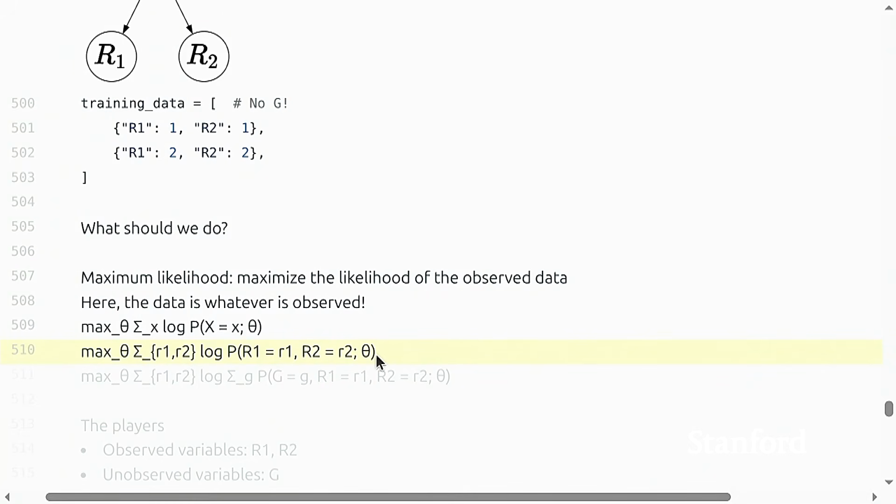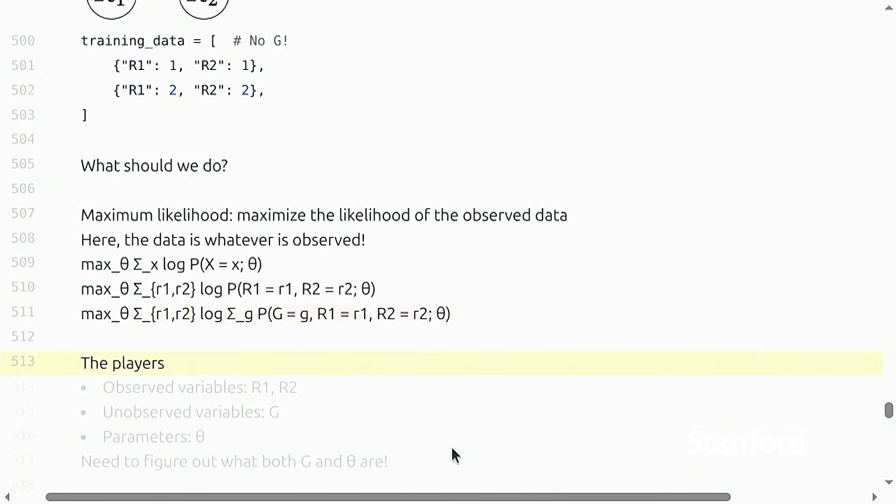And because I have a Bayesian network, I know that this is actually summation over g of probability of G equals g, right? So the cool thing is that I don't see G, but I can just marginalize it out and get the probability of R1 and R2.